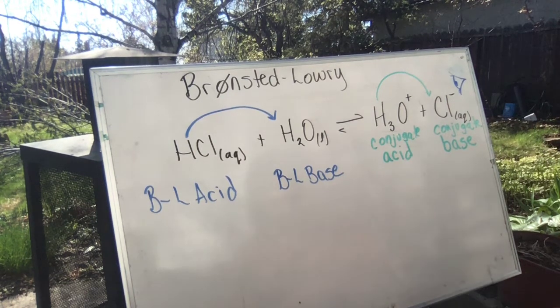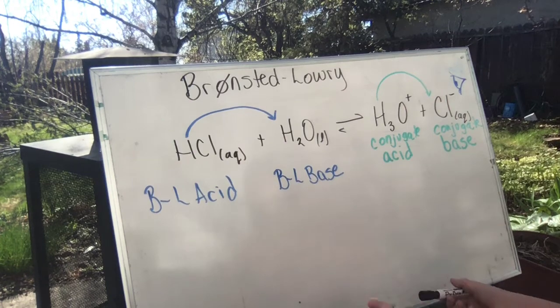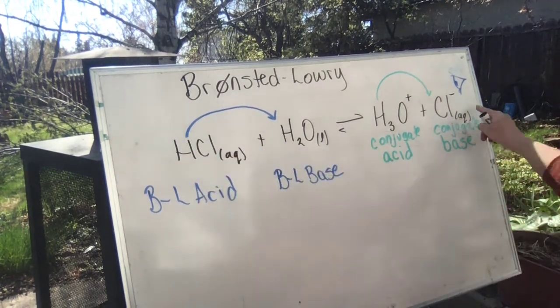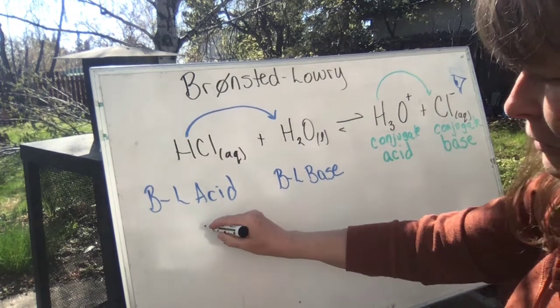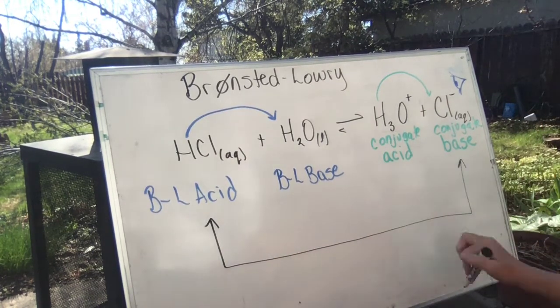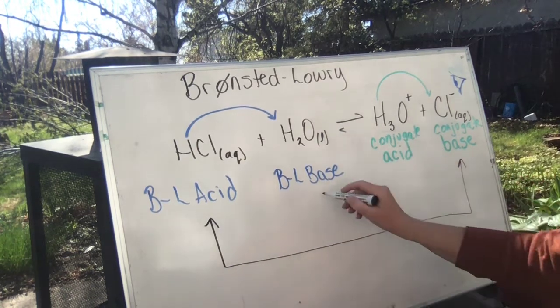And the last thing to do is to link together the entities as they are separated by simply one hydrogen. So what does that mean? Well, HCl and Cl- are the same entity with the exception of one hydrogen. And H2O and H3O plus are the same entity with the exception of one hydrogen.